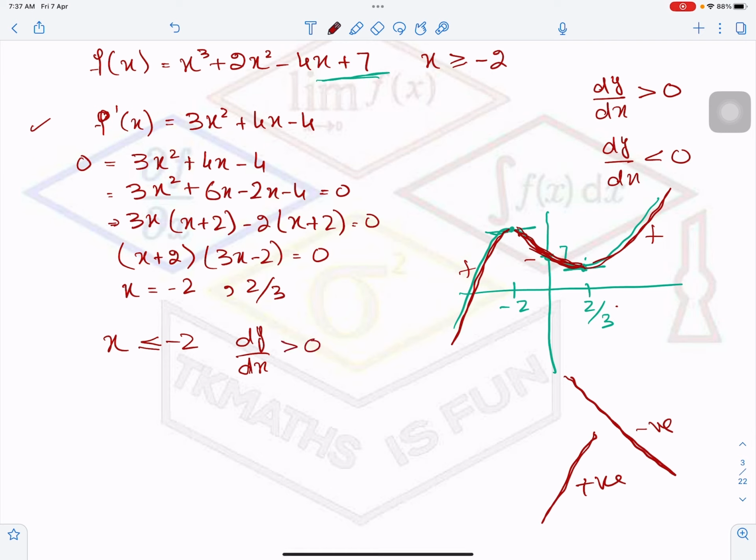Which means it is an increasing function here. Whereas if I see x between minus 2 and 2 upon 3, I should not use the equal to symbol here, okay, I'll erase it. The dy over dx is negative, right? And it is a decreasing function.